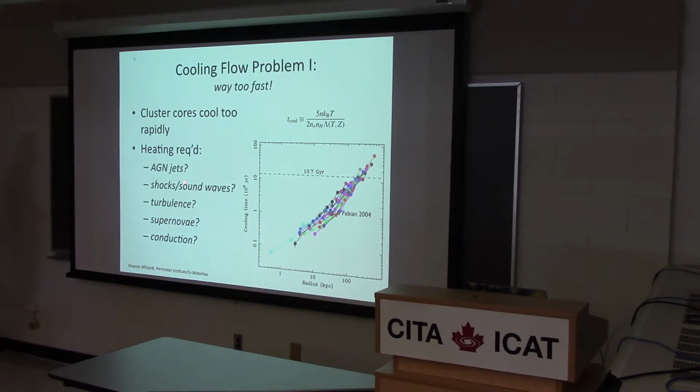And there are solutions to do that. The most obvious ones are AGN jets, shocks or sound waves, turbulent heating, supernova feedback, and conduction in plasmas at these high temperatures could be important. And it's probably most likely a combination of these that could solve this problem.